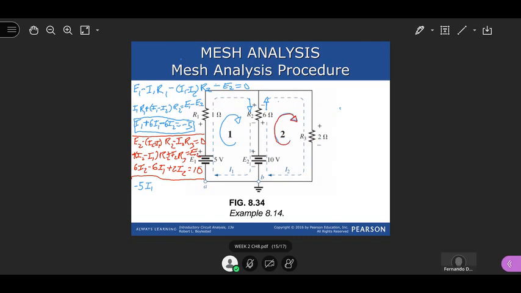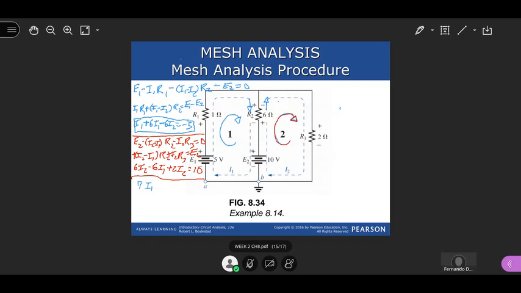So now I will rearrange. I'm simplifying this equation. That's the only thing I'm doing right now. Right? So it's going to be here I1 plus 6 I1.